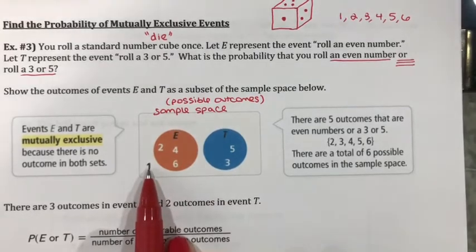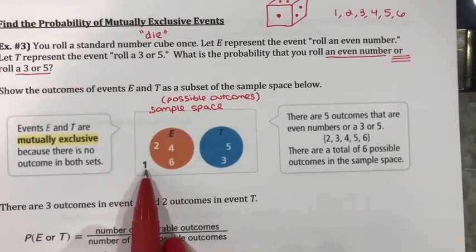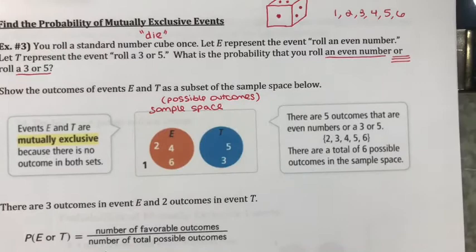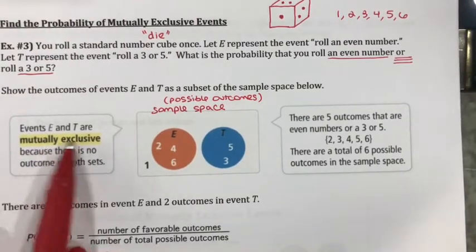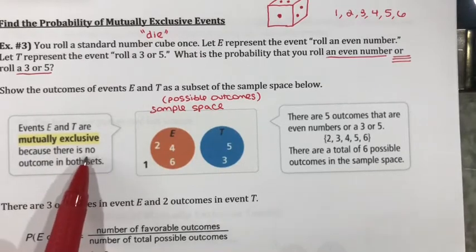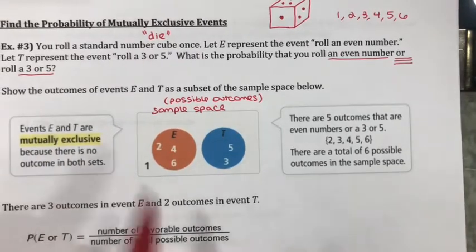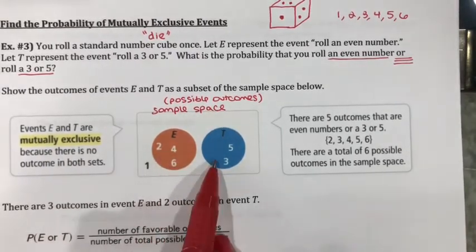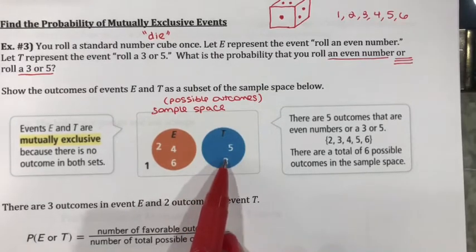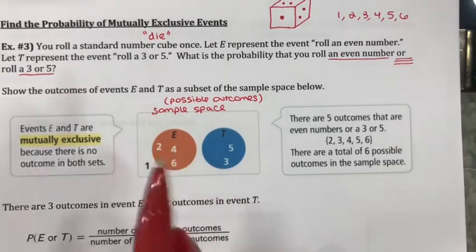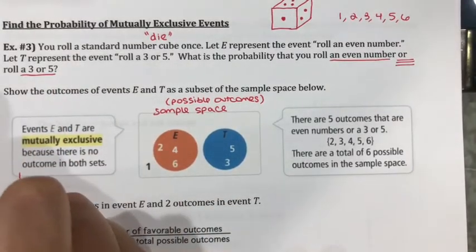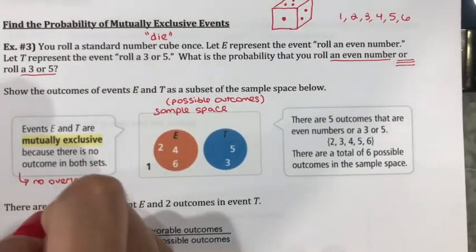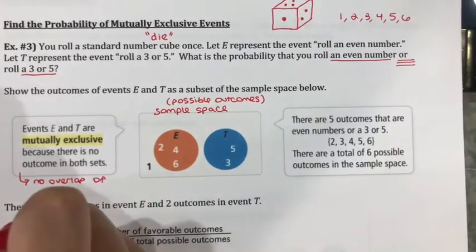So we put it outside of the 2 circles. Now we say that these events are mutually exclusive because there's no outcome in both sets. Notice that 2, 4, and 6, none of those are in T. 3 and 5, none of them are in E. One of the things you want to look for is that there's no overlap of the events.